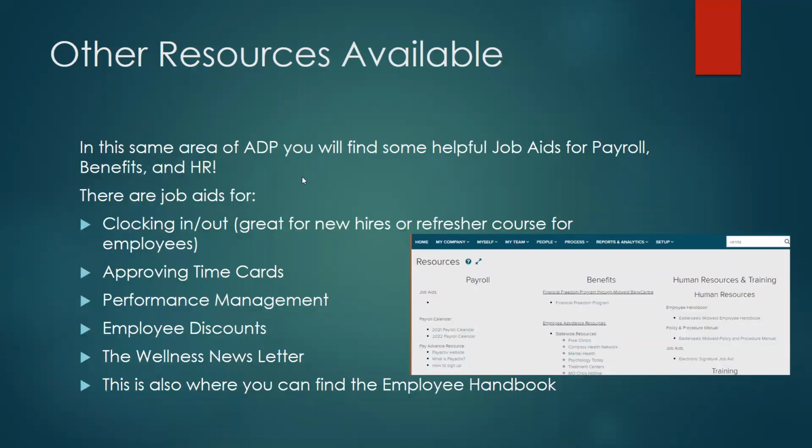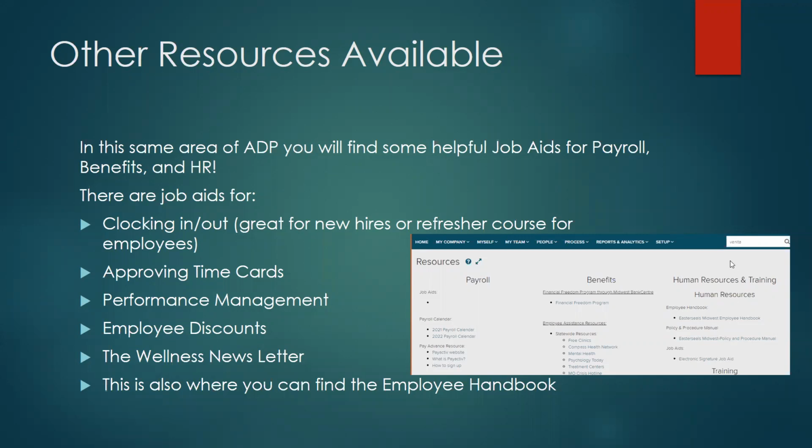In that resources tab, there are some other really helpful job aids. There's benefit information. There's the performance management, which we all know is due right. We're all supposed to be working on that right now, getting those done. There is employee discount information, all of the wellness newsletters that the benefits department works so hard on, those are there.